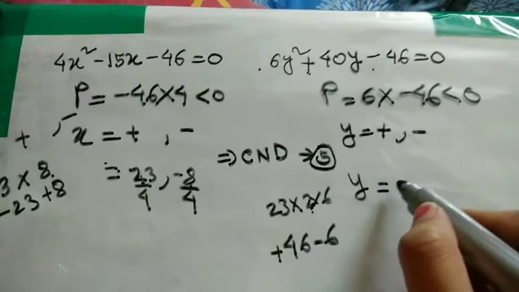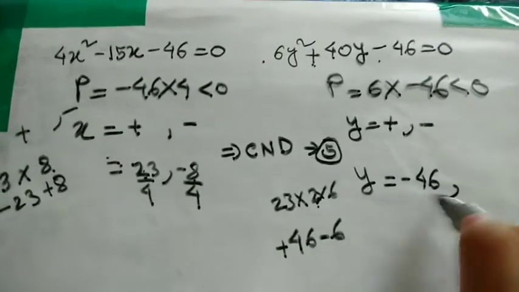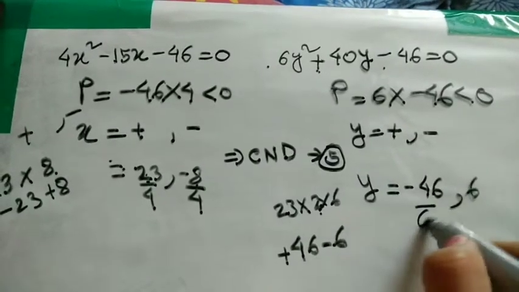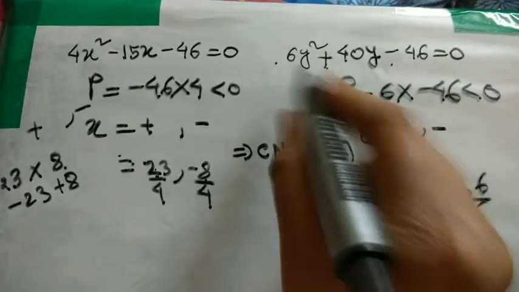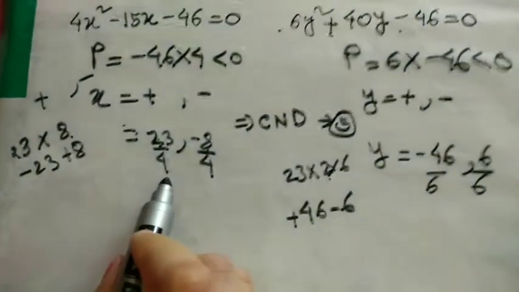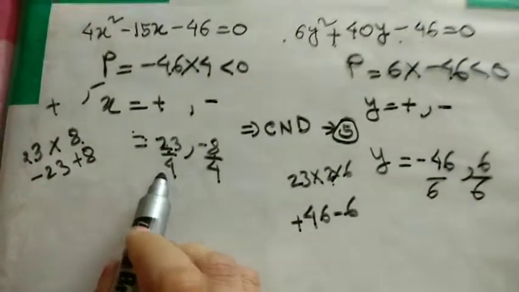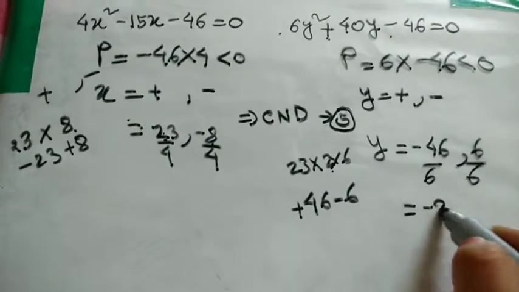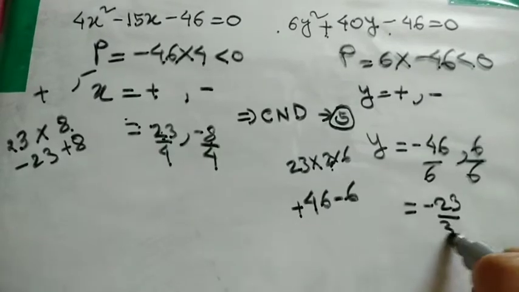So this plus 46 becomes minus 46, and this minus 6 becomes 6, and divide by 6 over here. So, and when you will see that this also 23 by 3, and it is 1.